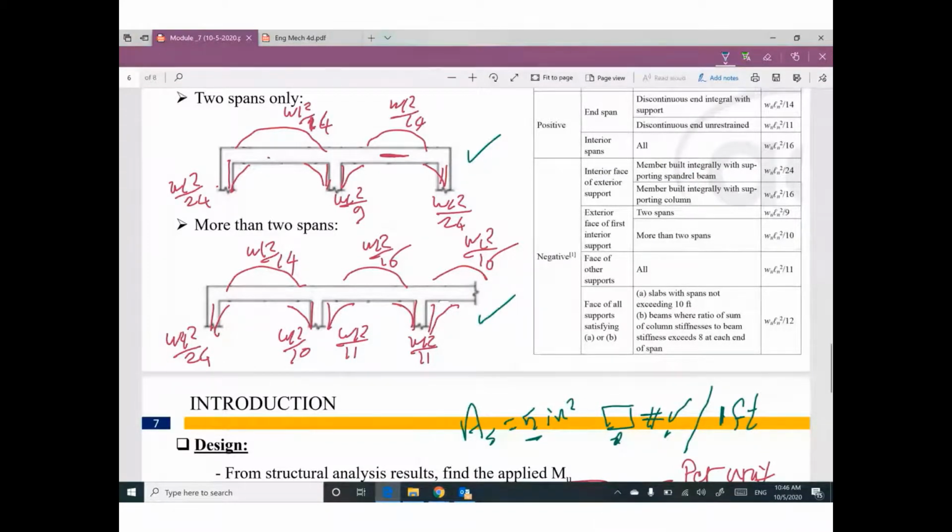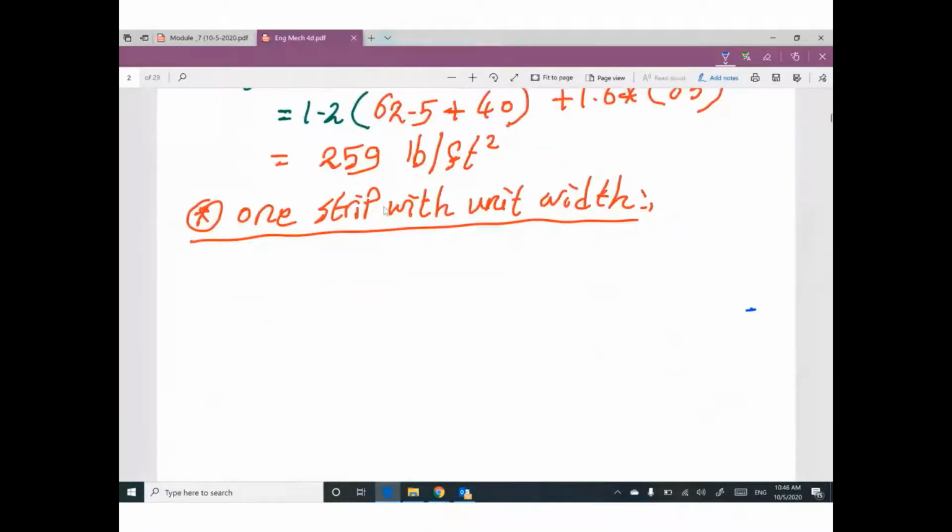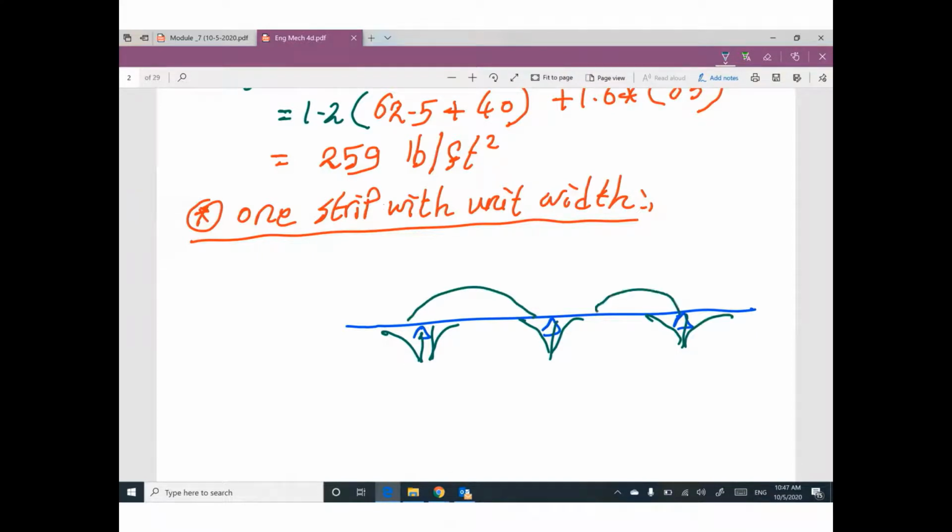So I believe it's continuous because this one is extended in this way and extended on the other way. So we have a span supported here, here, here. So I believe we have negative moment, like this, and positive. How much? W L square divided by 16, W L square divided by 16, W L square divided by 11, W L square divided by 11, W L square divided by 11.